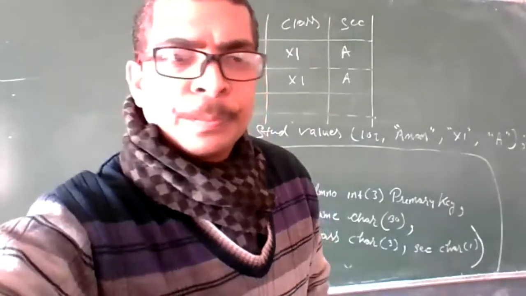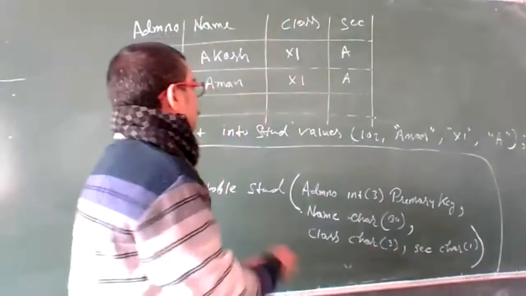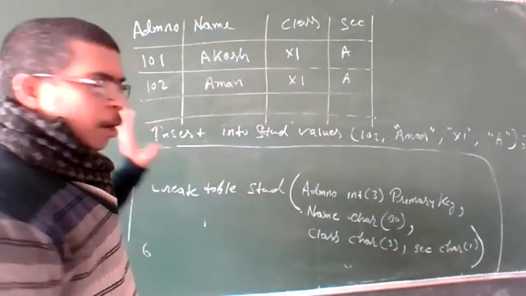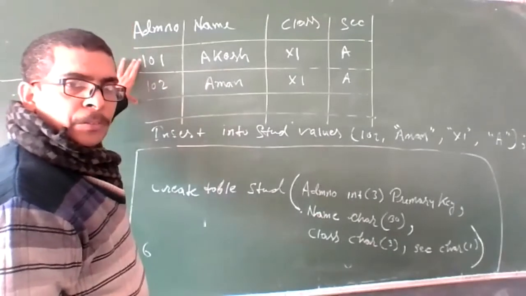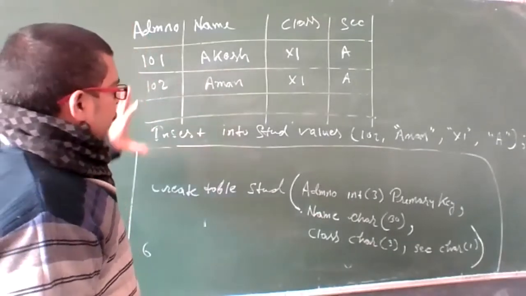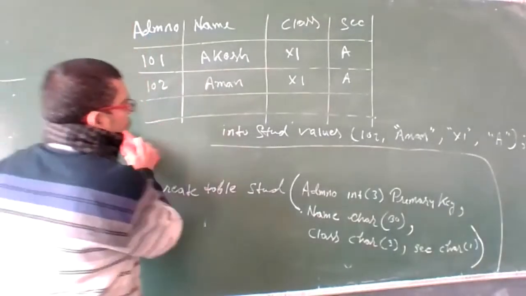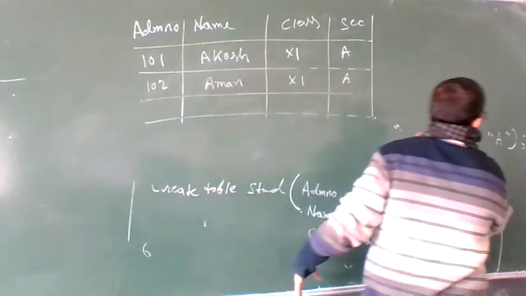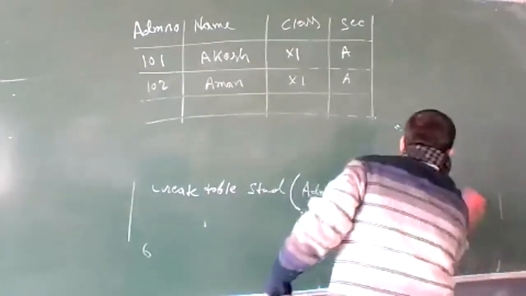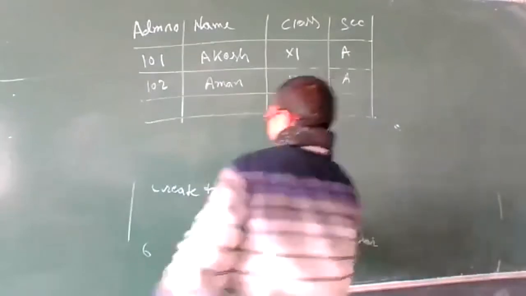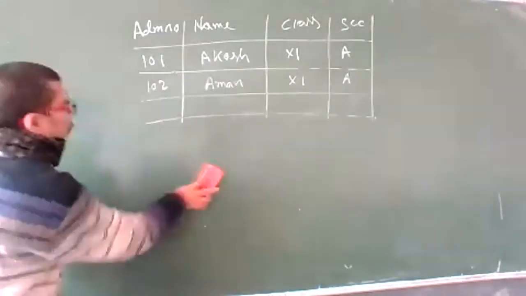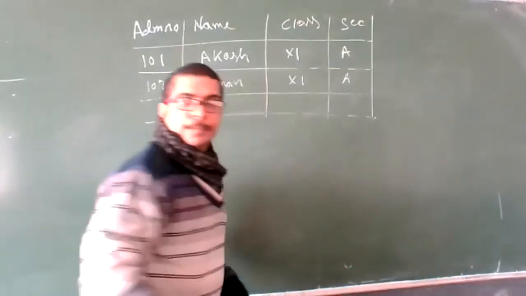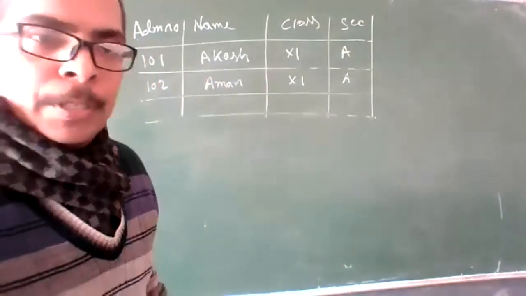Next, how to select the record. Now we have made the table and inserted the records, now we have to see the records, okay? So in order to see the record, which command will be used?